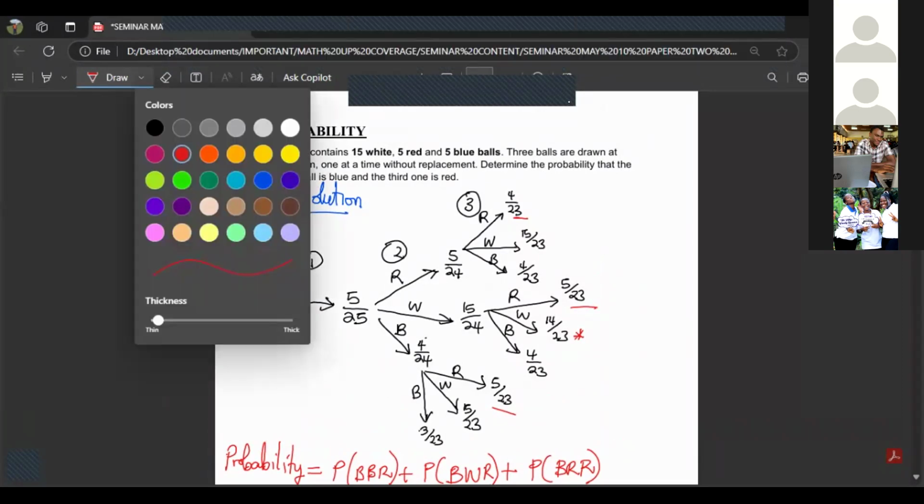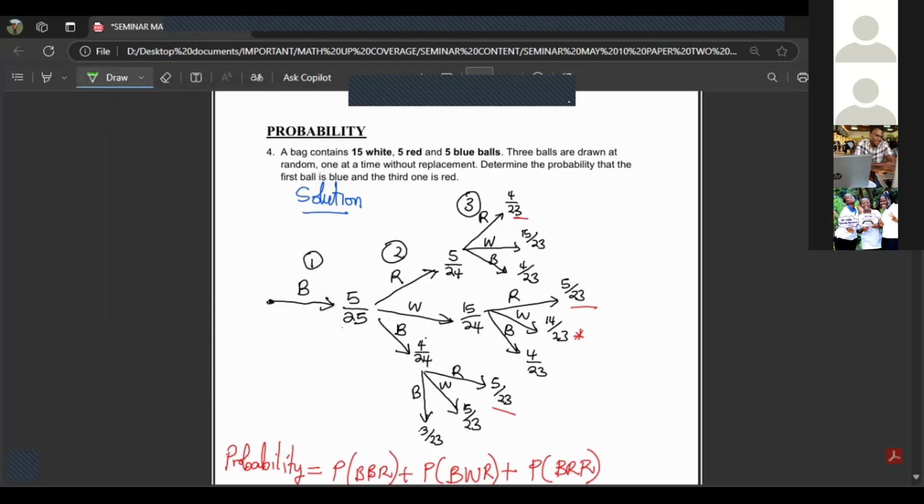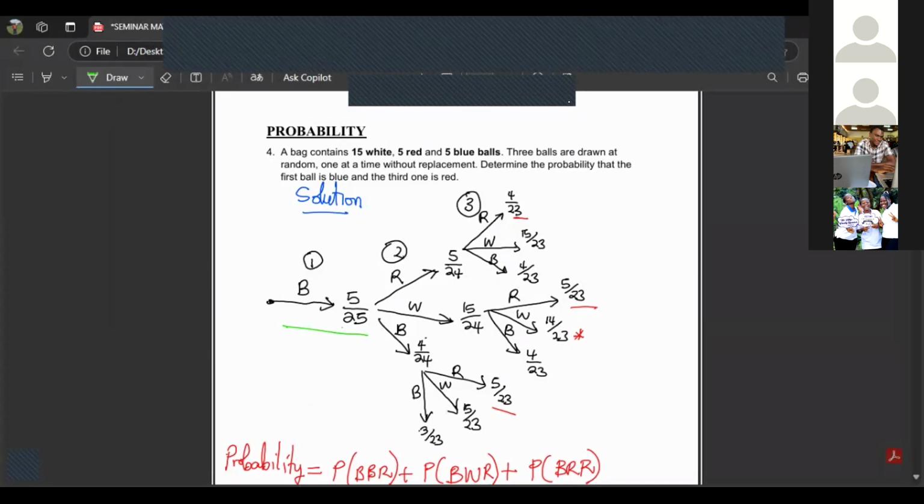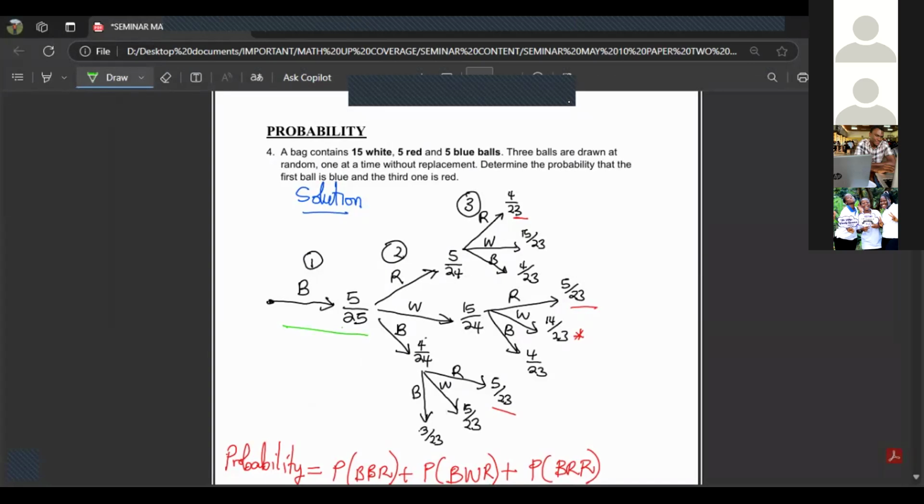The first ball is very restricted, it has to be blue. Upon choosing your second ball, you can have red, white, or blue. Then for each of these, say the second time you chose a red ball, the chances of choosing a red, white, or blue ball are going to change.